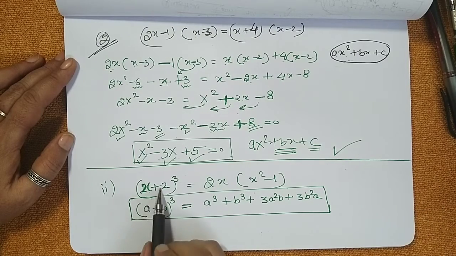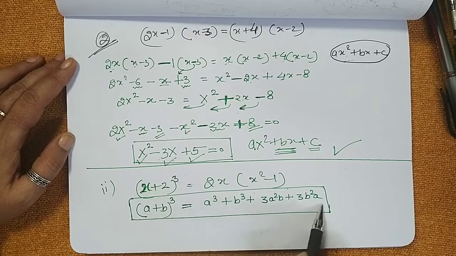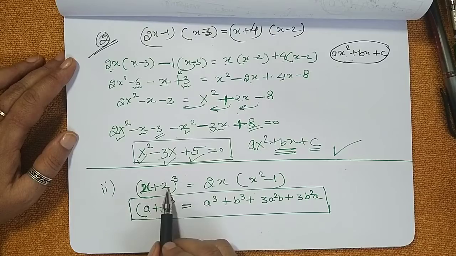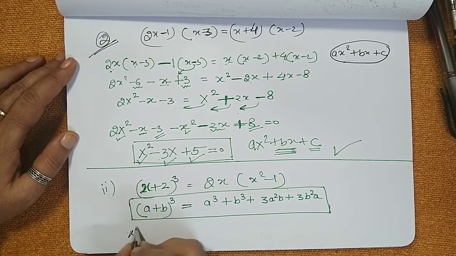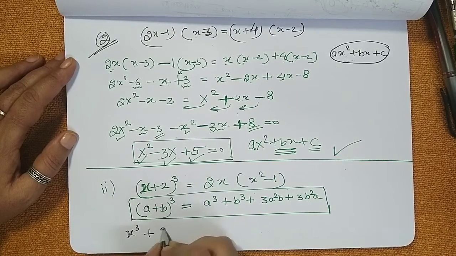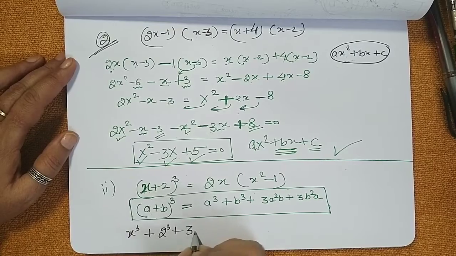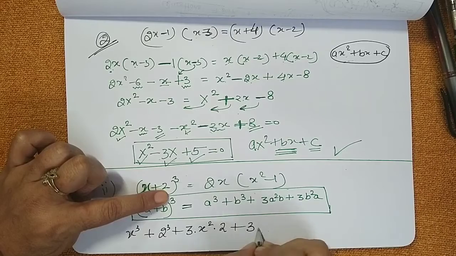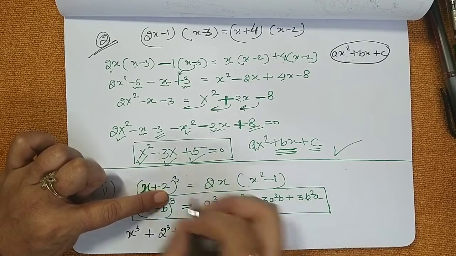So if I apply this formula, my a is x and my b is 2. So a cube is x cube, b cube is 2 cube, right? So let me write down x cube plus 2 cube plus 3a square b, which is 3 x square times 2, plus 3b square a. What is b, guys? 2.